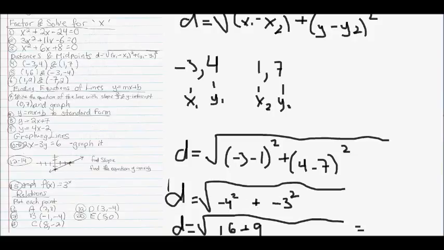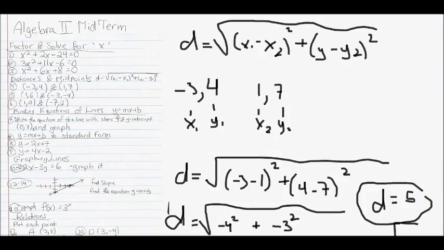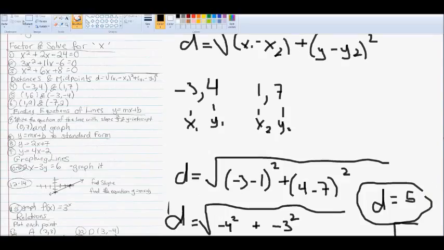After we simplify, 16 plus 9 equals 25. The square root of 25 equals 5, right? d equals 5. All right.